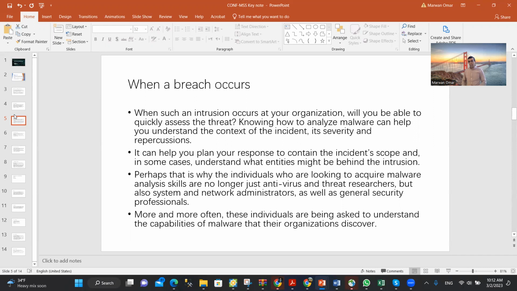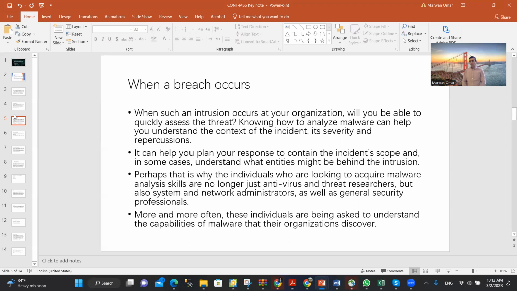So again, if a piece of malware compromises a business organization as part of a cyber attack, it's important for cybersecurity professionals, incident response teams, and network admins to understand what capabilities the malware has.